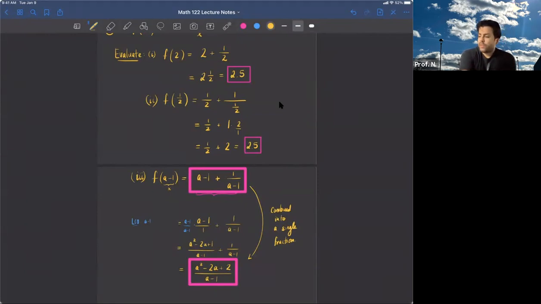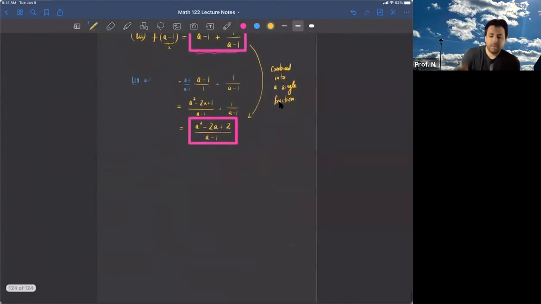Okay, so if no other questions about evaluating functions, where else should we go? Where else would you like to go on this review sheet? Can we do interval notation for the domain of a function? So you want to do the domain of a function?